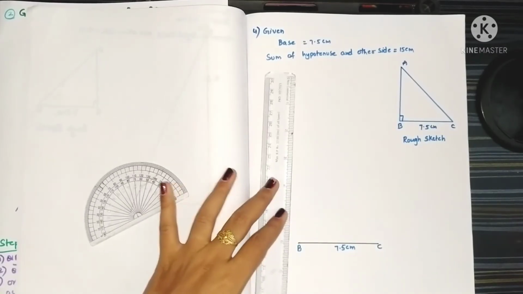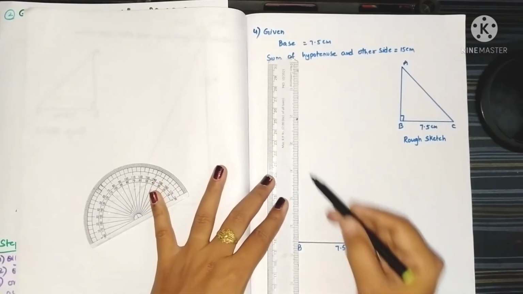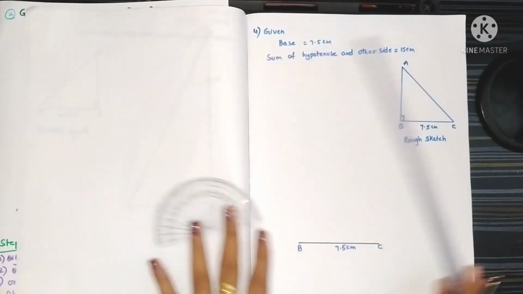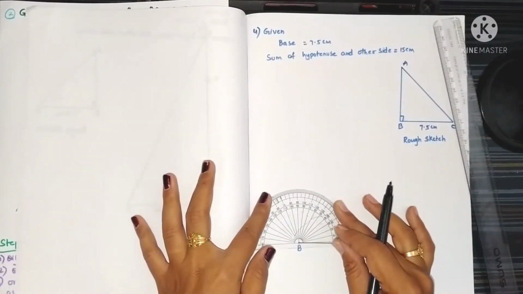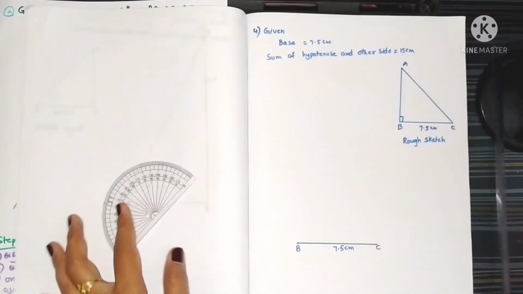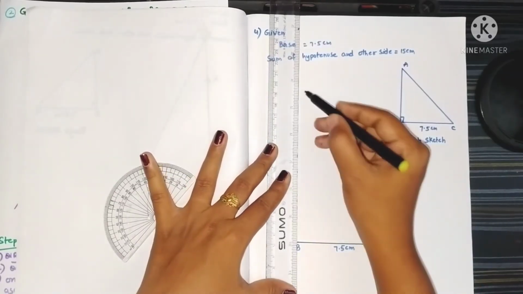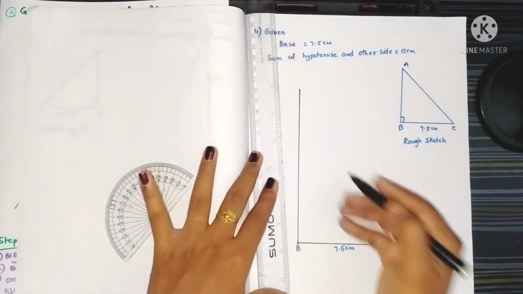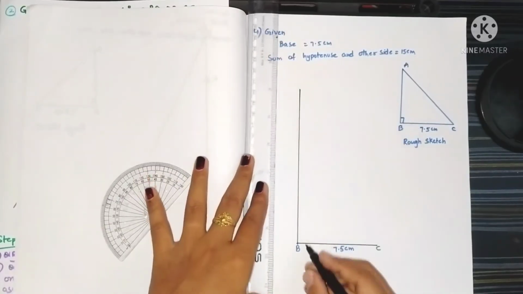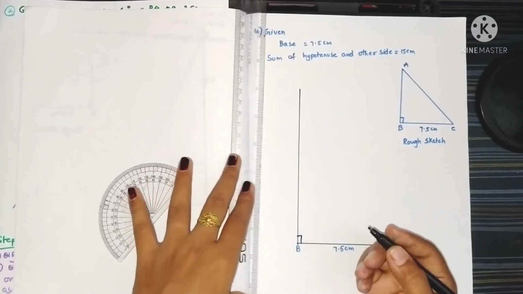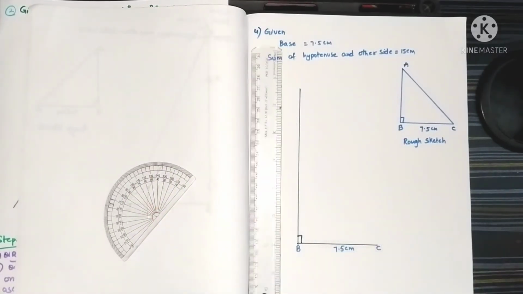To draw 90 degrees, you can directly draw like this, or you can use a protractor. Okay. So draw a ray like this. This is 90 degrees.